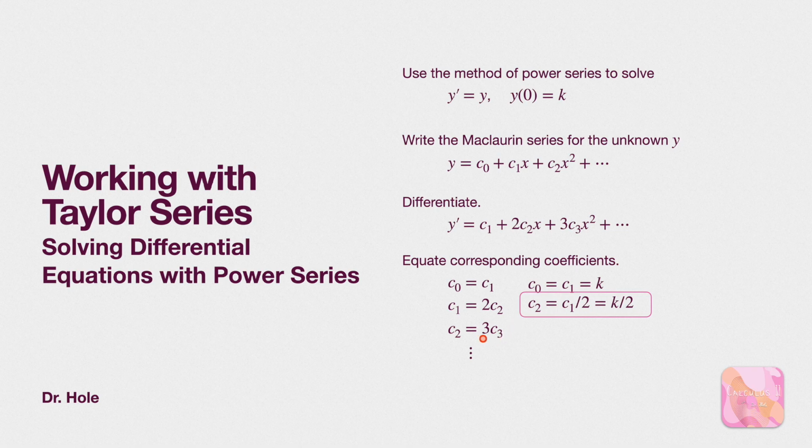The cubic coefficient will be the quadratic coefficient divided by 3. But the quadratic coefficient is k over 2. k over 2 divided by 3 will yield k over 3 factorial. Note that there is a pattern here of k over 1 factorial, k over 2 factorial, k over 3 factorial, so that the nth coefficient will be k over n factorial.